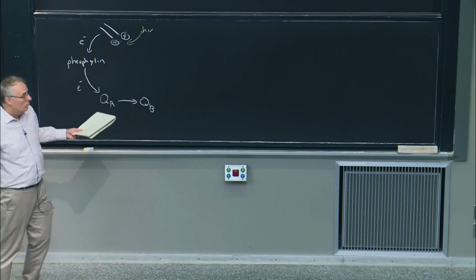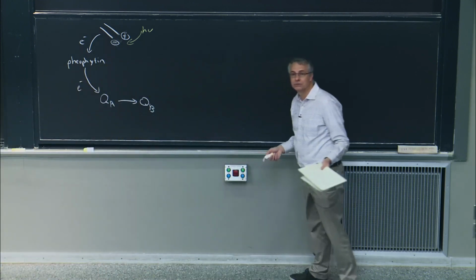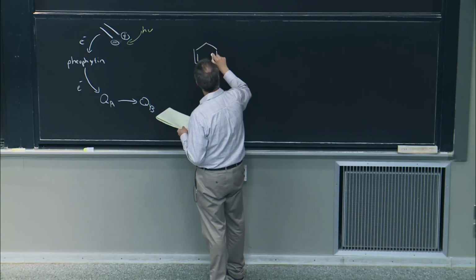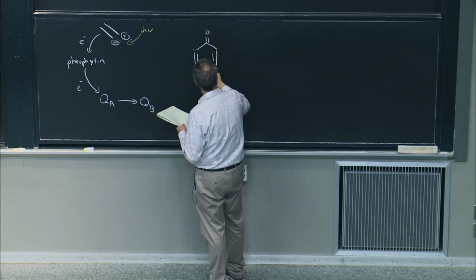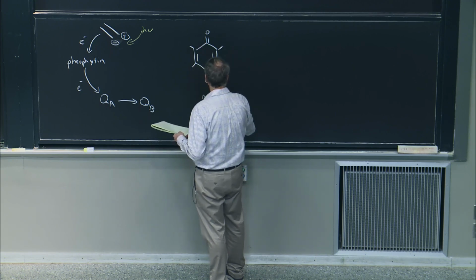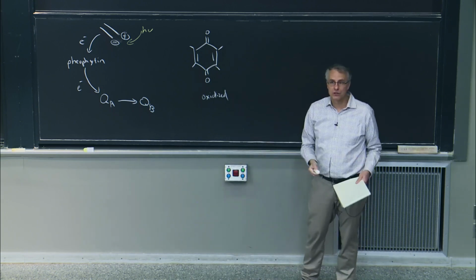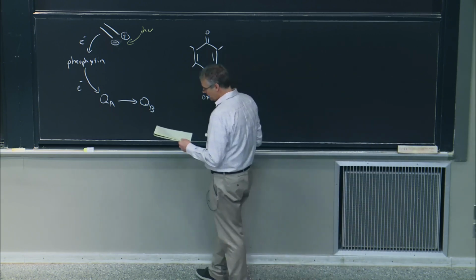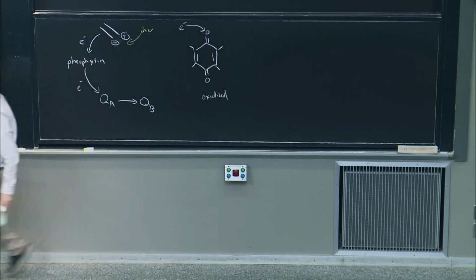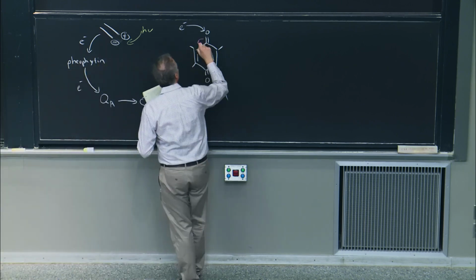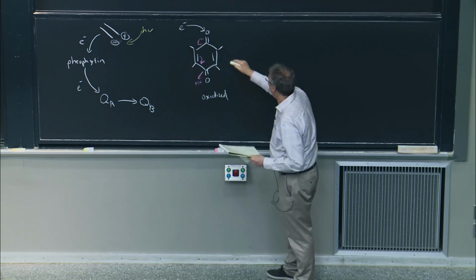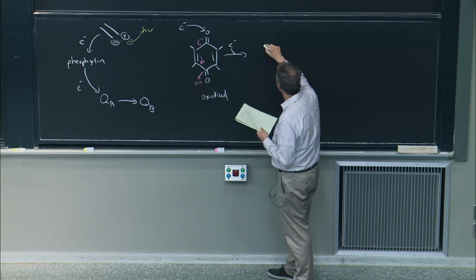That's a slower step. I want to remind you how electrons are transferred on quinones. We talked about this already, when we talked about electron transport. So here, this would be an oxidized quinone, just like we saw for coenzyme Q, ubiquinone. So this would be oxidized quinone in photosynthesis, and it can pick up electrons one at a time.